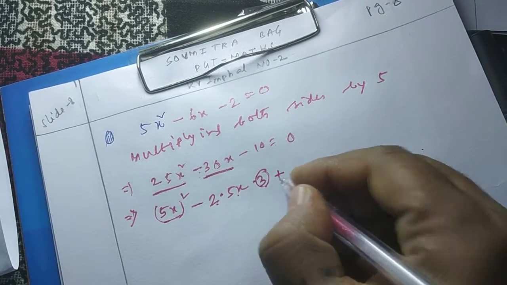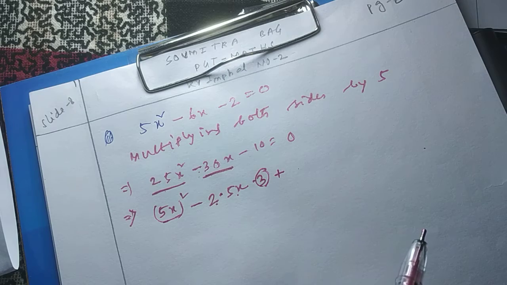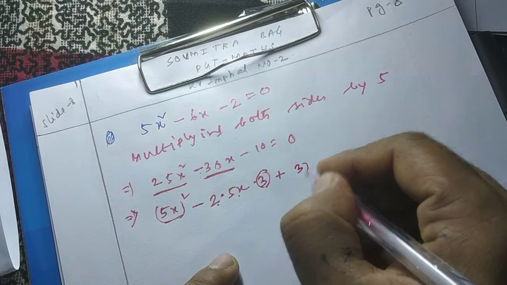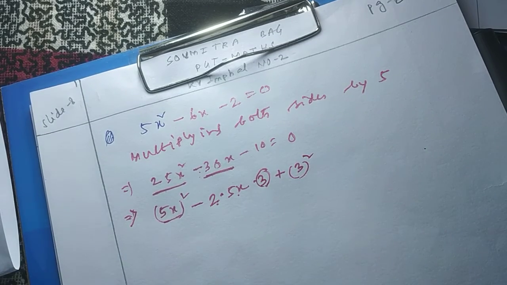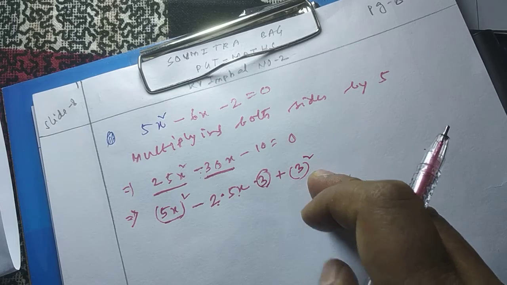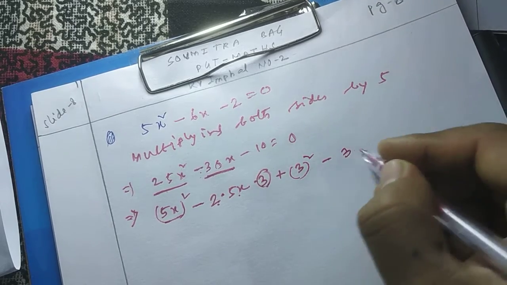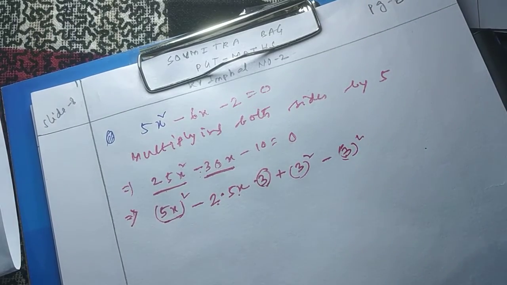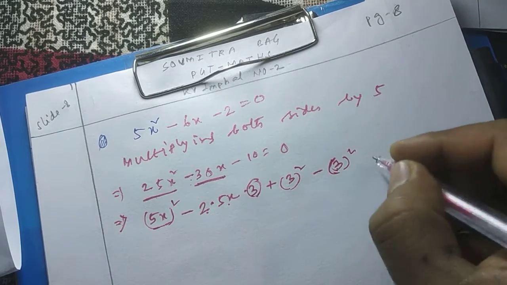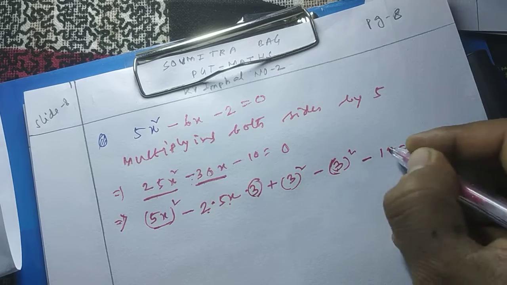So to bring the formula of a minus b whole square, let us bring b square, that is 3 square, forcibly. But in the previous step there was no 3 square, so let us balance it: bring minus 3 whole square at the same time. So it is balanced, and minus 10 stays as it is.